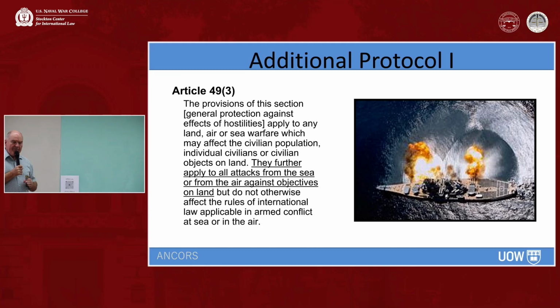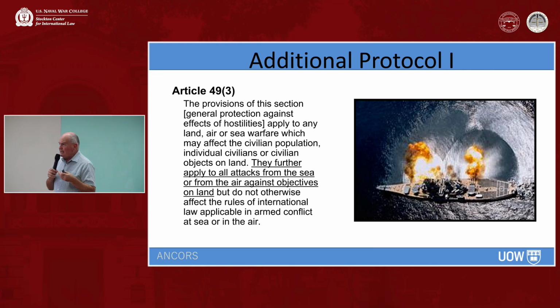And it basically excludes this part of Protocol 1 from the application to naval warfare, except when you're dealing with land attacks, in which case the provisions in Protocol 1 dealing with the general principles that Martin has gone through are certainly relevant there. So they apply to all attacks from the sea or from the air against objectives on land, but do not otherwise affect the rules of international law applicable in armed conflict at sea or in the air.